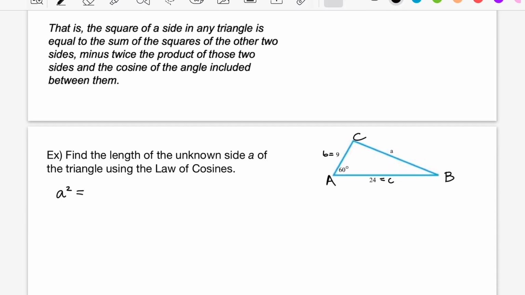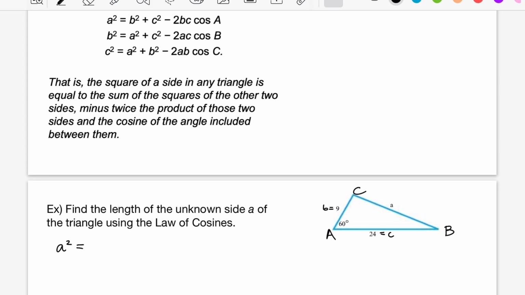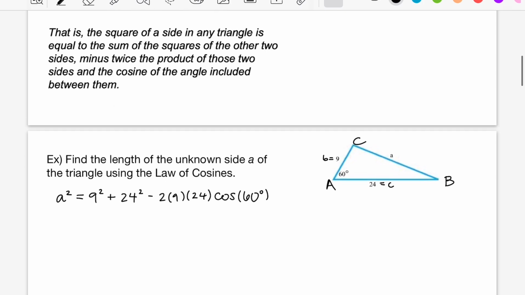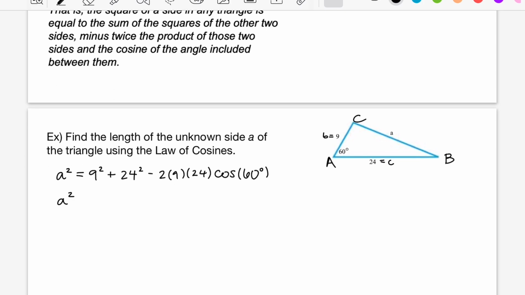So we're going to plug in that exact information. b is equal to 9, so this will be 9 squared. c is 24. And then our angle A is 60 degrees. So a squared is going to be equal to this here, and we know cosine of 60 is 1/2.